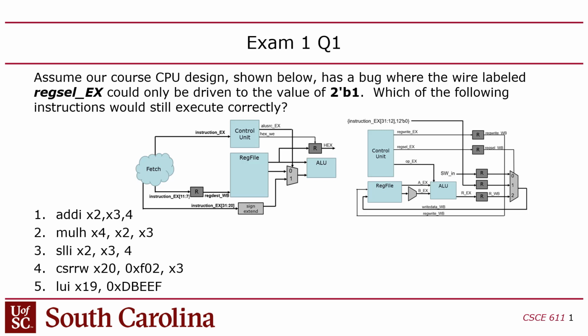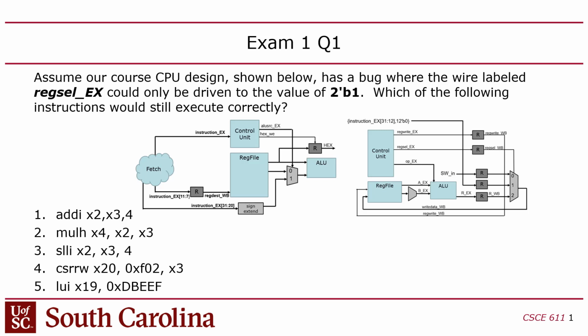In this case, if REG-CEL was locked as 1, then the mux that controls what gets written back to the register file would only be forwarding data from input 1, which is the immediate field, right? So that would be this input, right? Instruction EX 31 down to 12. So the only instruction that would work would be the load upper immediate.